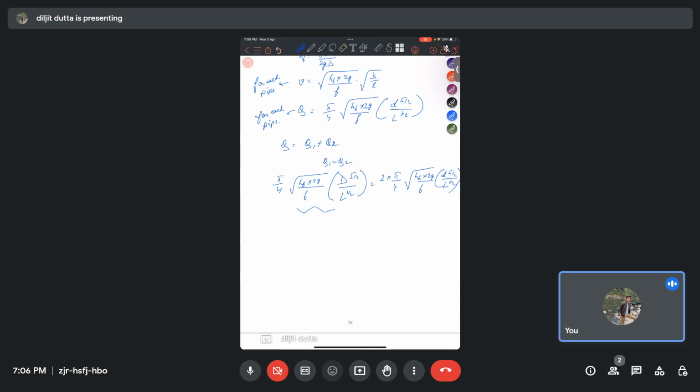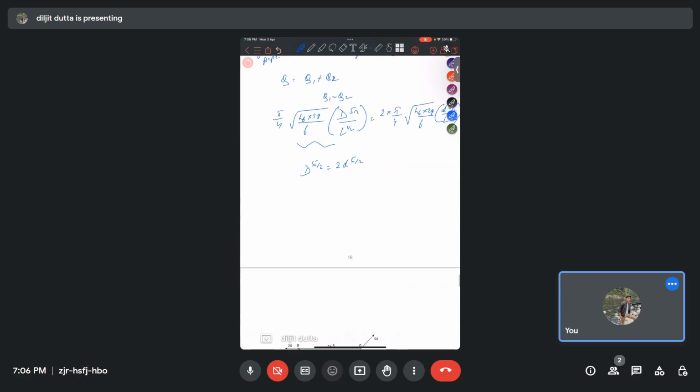Capital D is the diameter of the equivalent pipe. So D to the power 5/2 is equal to 2 into small d to the power 5/2. Therefore, small d is equal to D by 2 to the power of 2/5. So this is for two pipes.